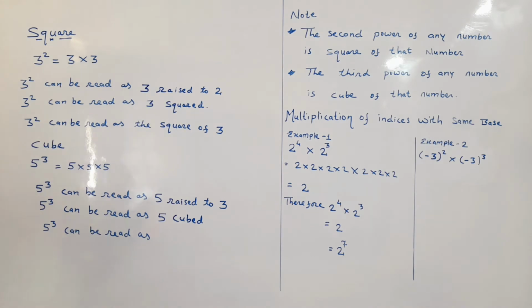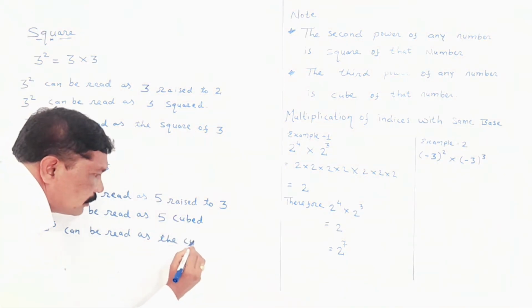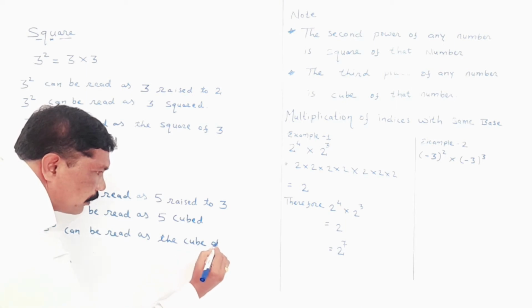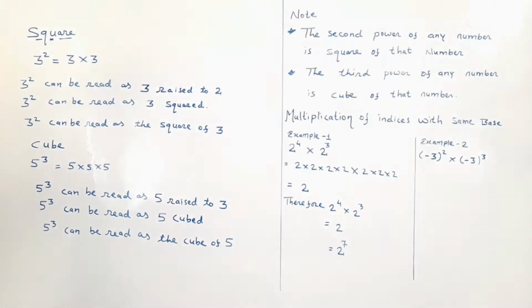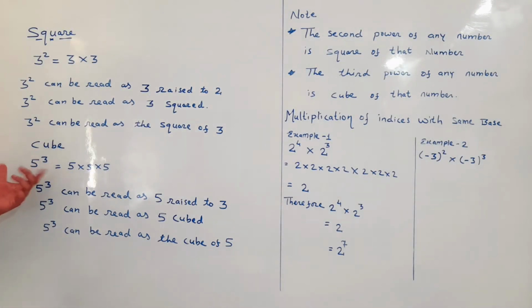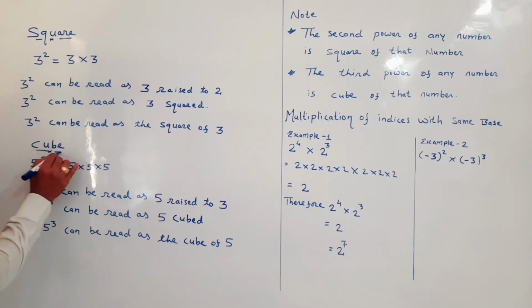This can also be read as the cube of 5. Here, my dear student, we have seen that the index is 3, and when the index is 3, we relate it to cube.